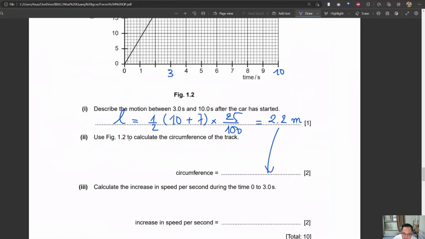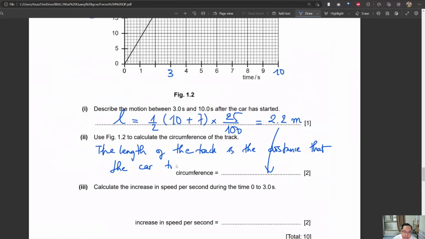And we can say one more sentence: the total distance, the length of the track, is the distance that the car travels in one cycle, 10 seconds. Okay, which is 2.2 meter.